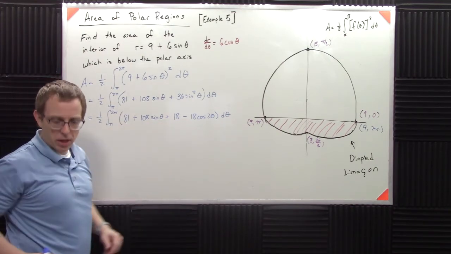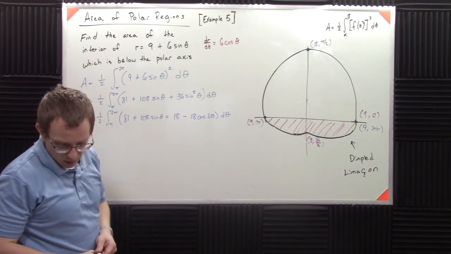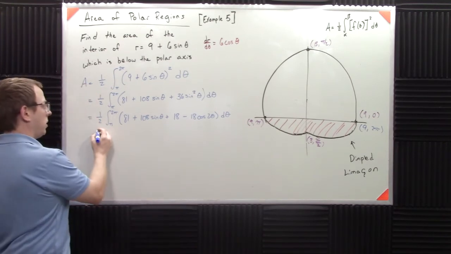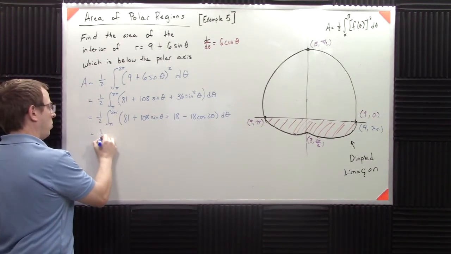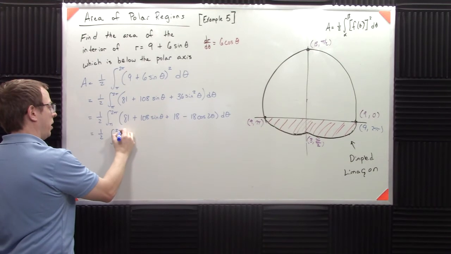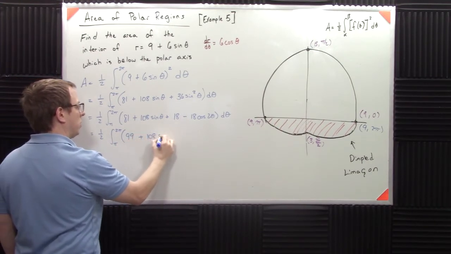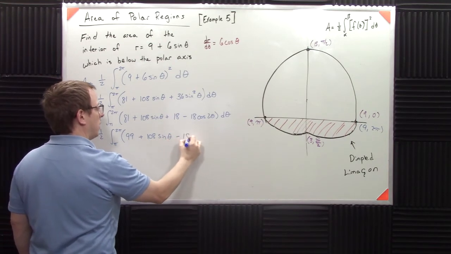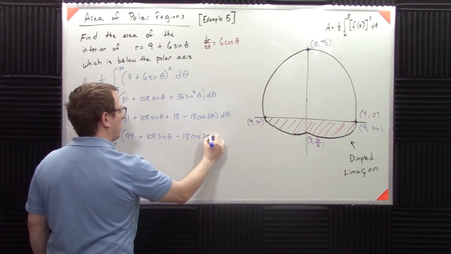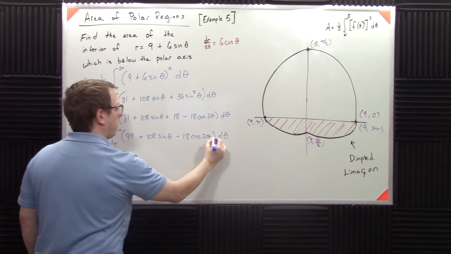So these can come together for 99. We're going to get 1/2 from pi to 2 pi, 99 plus 108 sine theta minus 18 cosine 2 theta d theta.